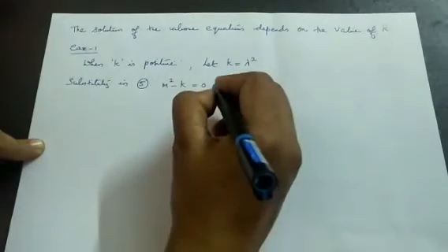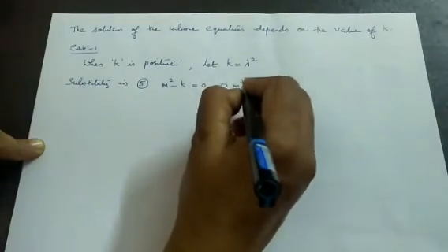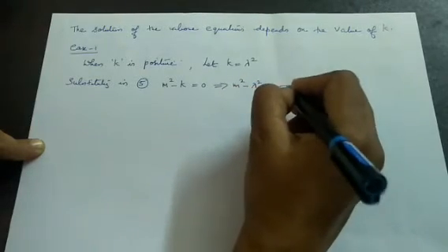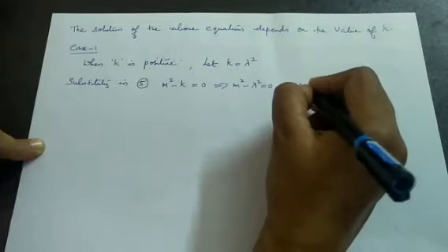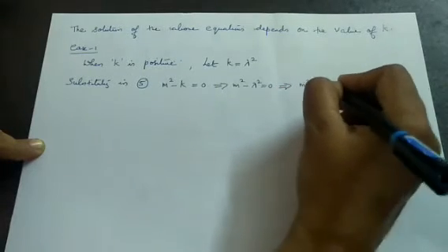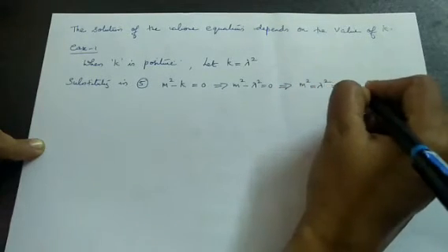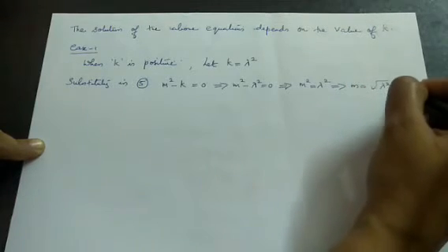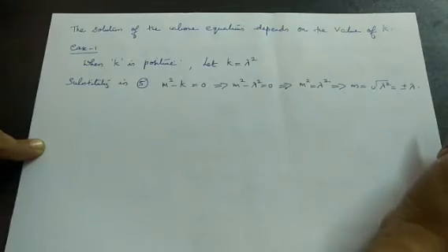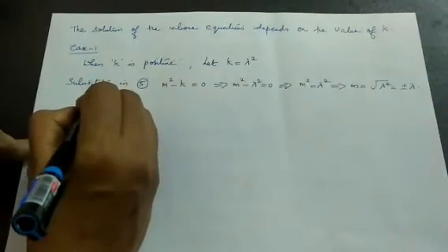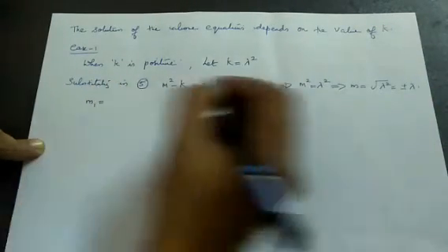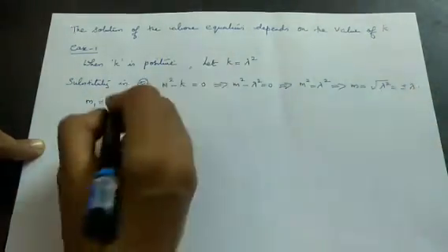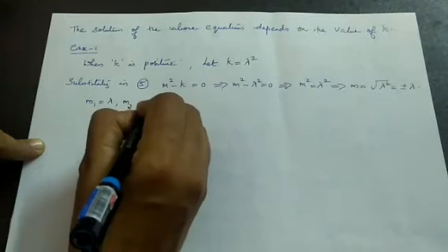Substituting in the equation, we will get m square minus lambda square equal to 0, which implies m square equal to lambda square, or we have m is equal to square root of lambda square, which is equal to plus or minus lambda. Therefore, we have two roots. First one is m1, that is lambda positive, and m2 minus lambda.